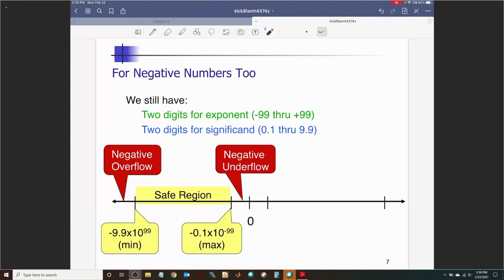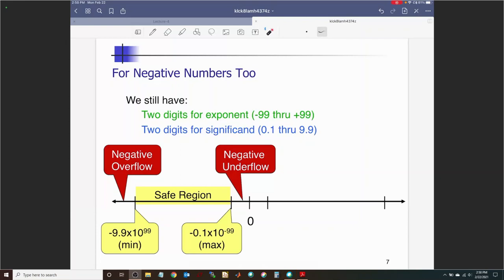Because the operands, I'm representing using only 2 digits in exponent and 2 digits in significant. So I don't even need to worry about the operands, because I have a limitation on how many digits I can use to represent them. The result of the arithmetic is what I need to worry about because that's not in my control. Depending on the numbers and the arithmetic chosen, that can get into the overflow scenario.